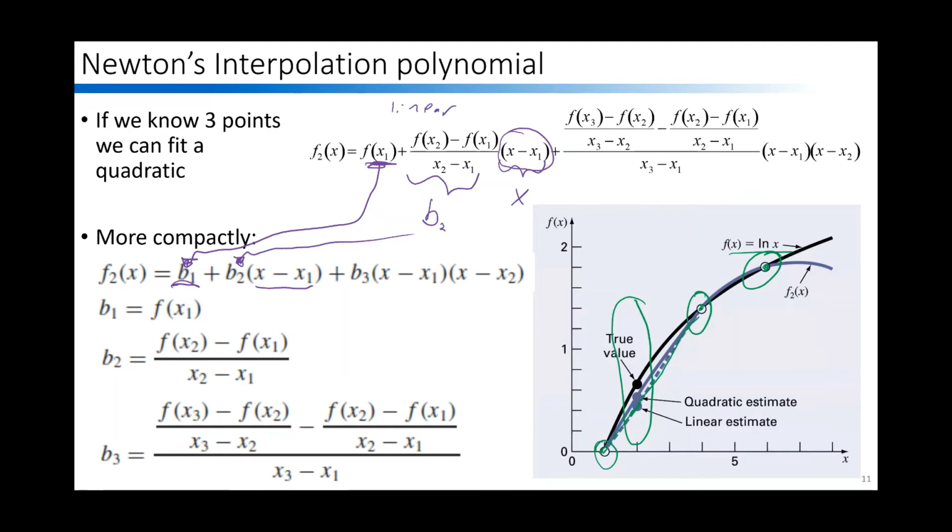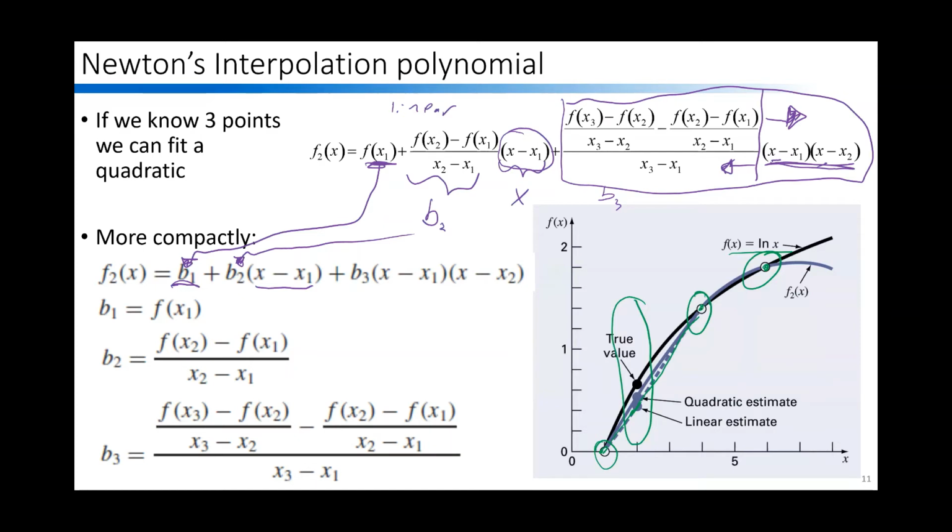Then we can conquer the quadratic term. Once again, when I look through this equation, I have a piece on the left which has no dependence on x. It definitely depends on x3, x2, x1, but those are known fixed points that are coming in from some data set. It's only the pieces on the right part of the term which have x dependencies. So this first part we're once again going to call b, in this case b3, and then we need to keep these terms that depend on x.